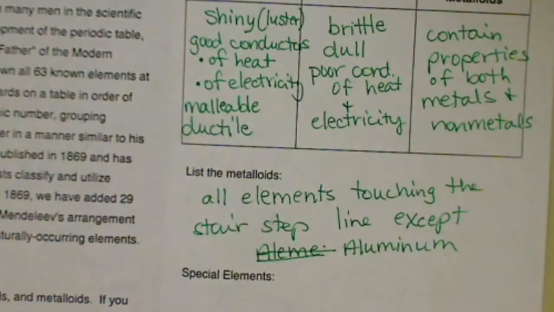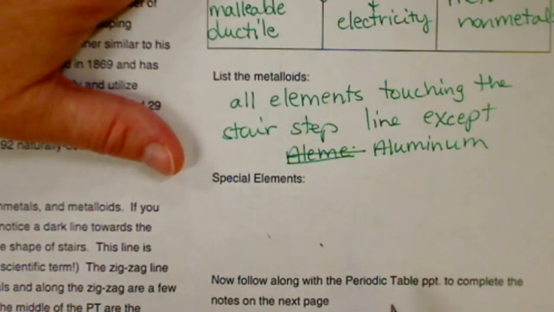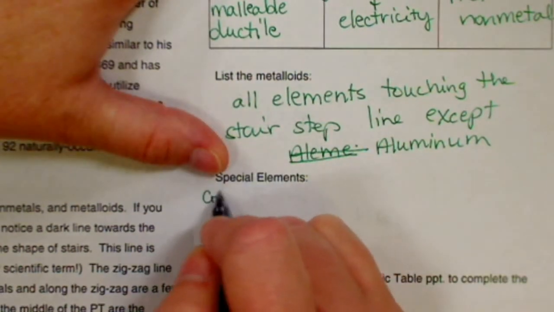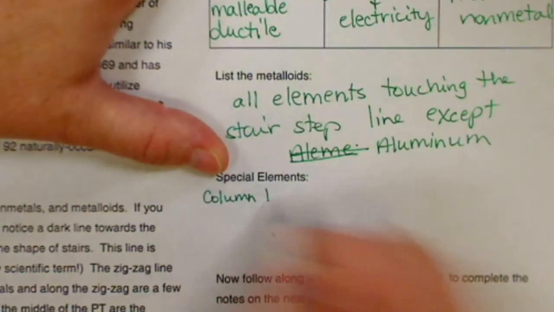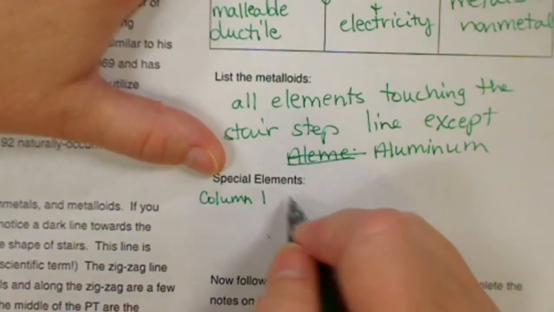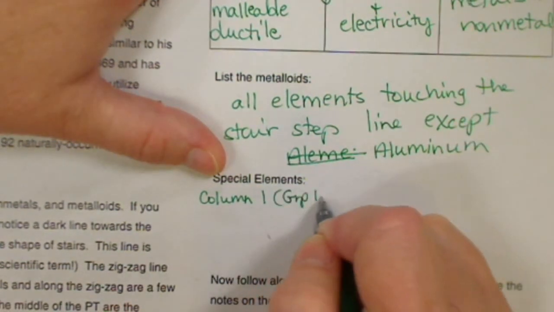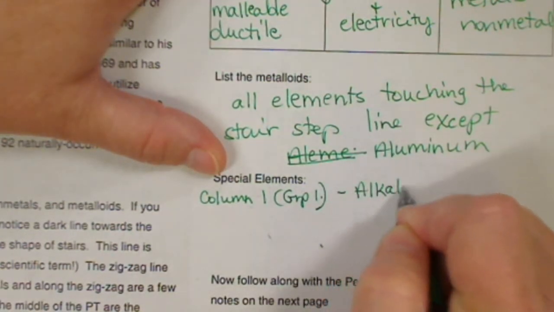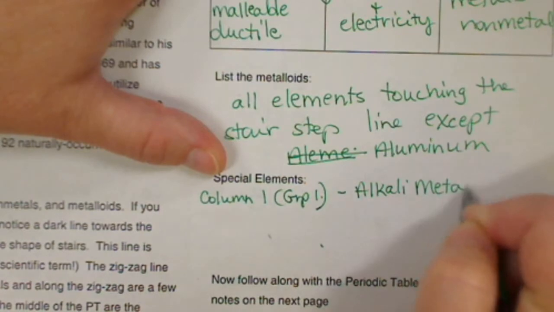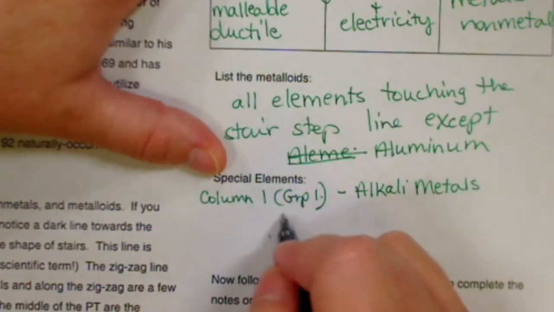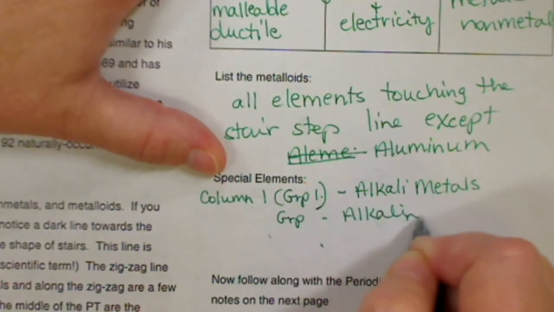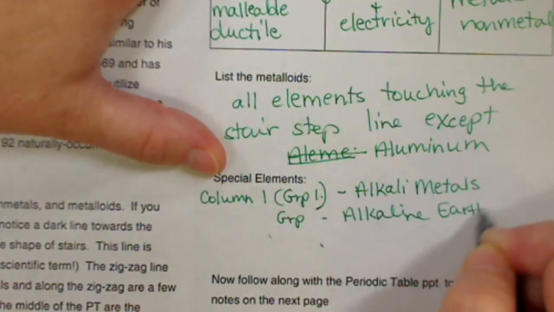Some of the special elements we need to know are certain groups. We need to know that the first column, which is also known as group 1, these are called alkali metals. Group 2, alkaline earth metals.